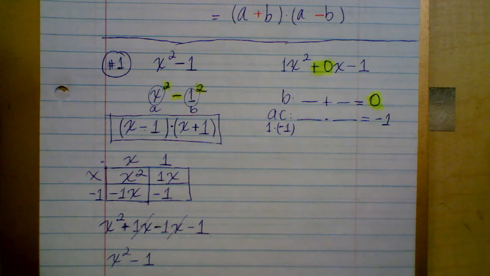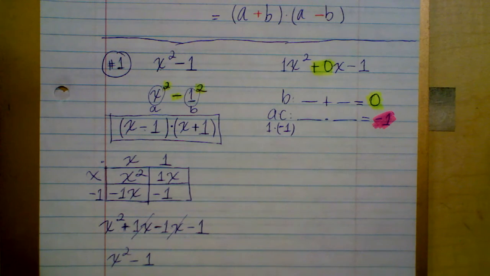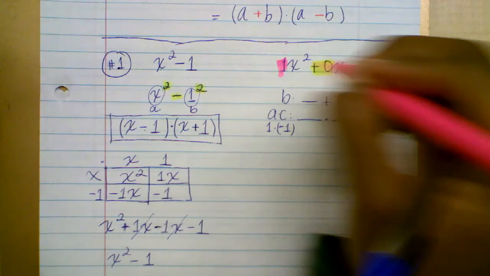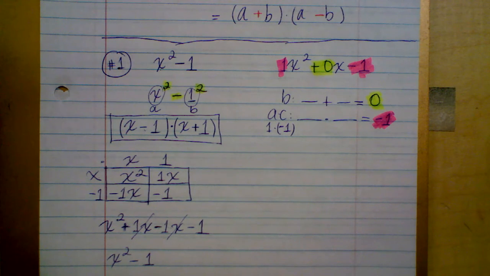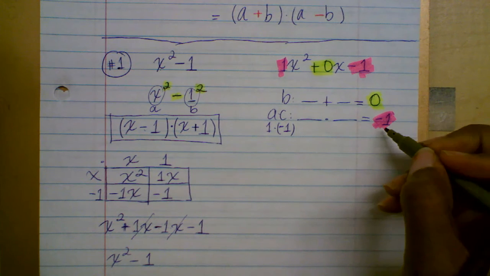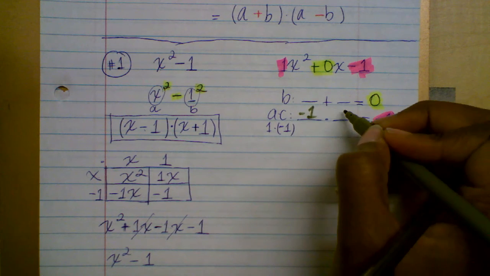So you want to follow the same principle and find two numbers that multiply to 1 times negative 1, which is negative 1. What are those two numbers that multiply to negative 1 and add to 0? I guess they are negative 1 and 1.